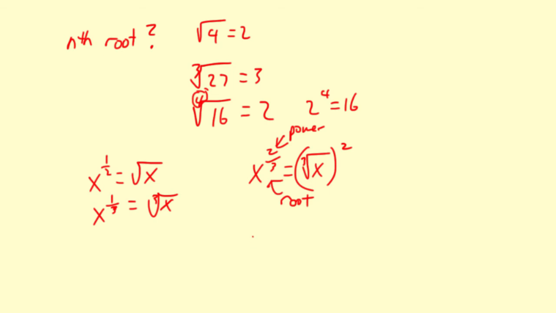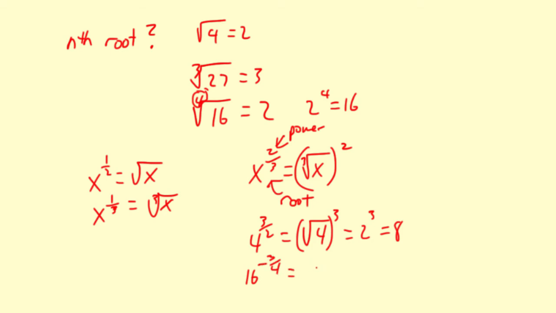So for example, 4 to the 3/2 power equals the square root of 4 to the 3rd power. So the square root of 4 is 2, so it's 2 to the 3rd, which is 8. How about 16 to the negative 3/4?